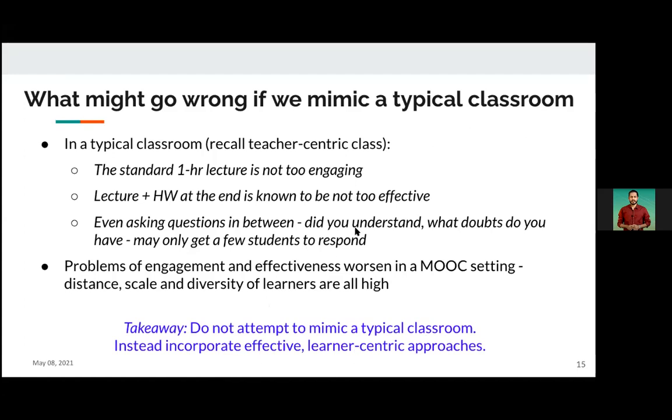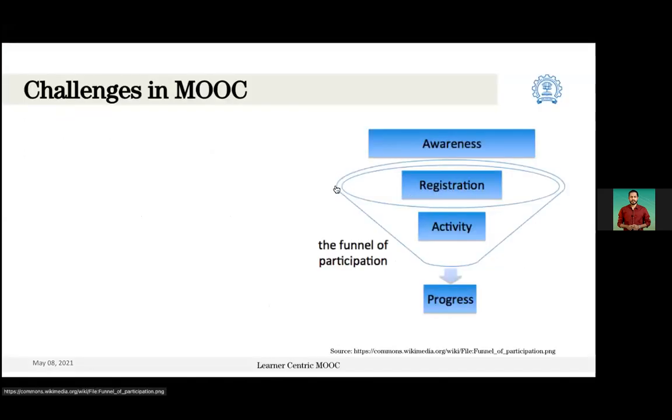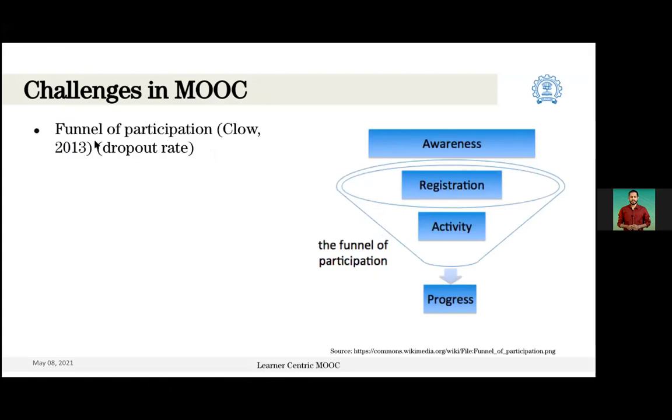Okay, so before we jump into learner-centric approaches, there are a few challenges and needs that I would like to talk about. If you could see this particular diagram, it's a funnel of participation. You can think about the dropout rate. Here you know that the number of learners whose awareness is high, but registration could be less.